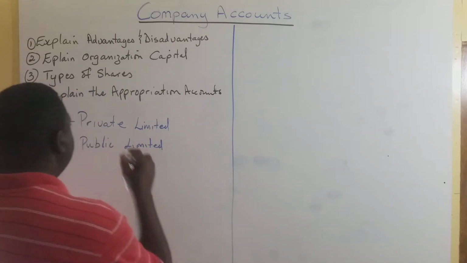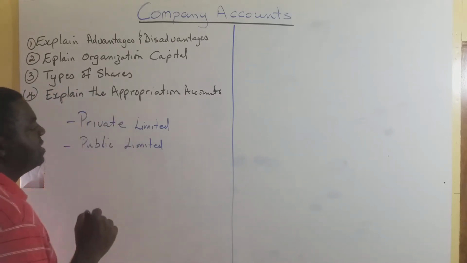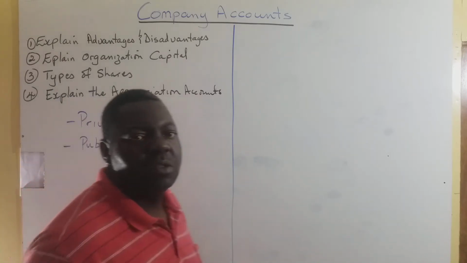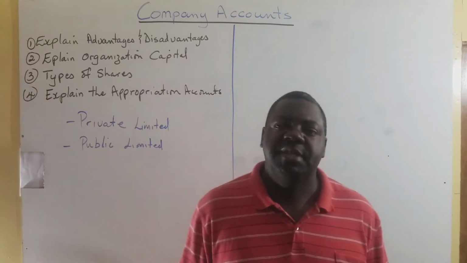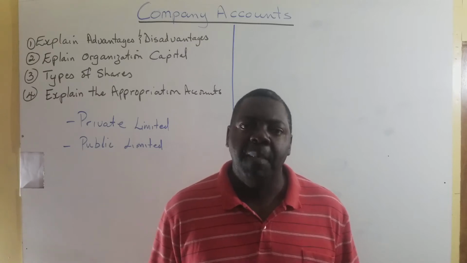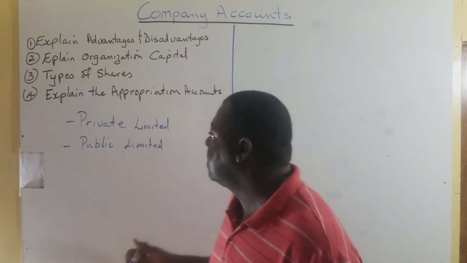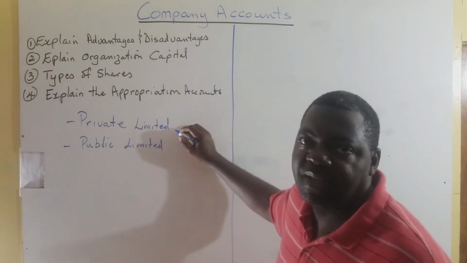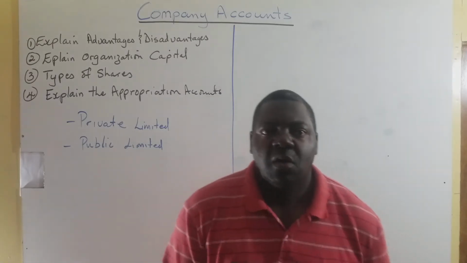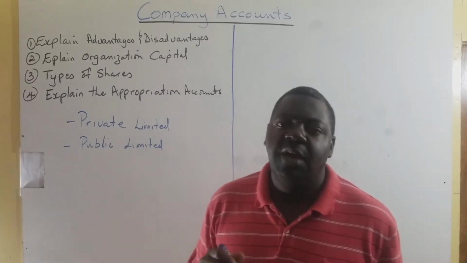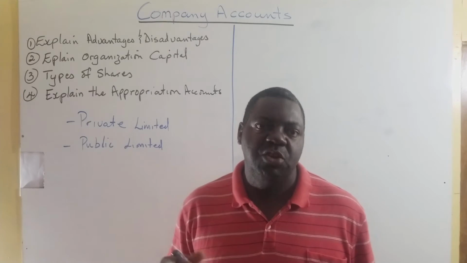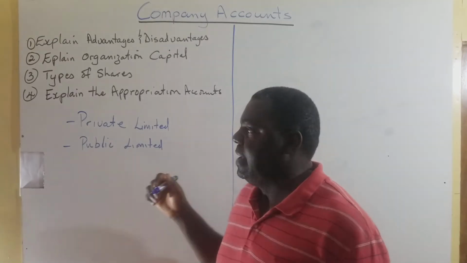There's a main difference between these two types of company, and it is in relation to how they ascertain their capital. How do they get persons to become part owners? With the private limited company, the members, or those who are organizing that company, can only obtain other owners, whom we refer to as shareholders, by private means.